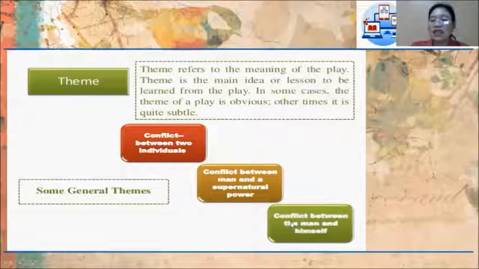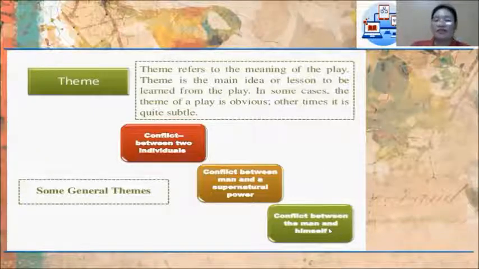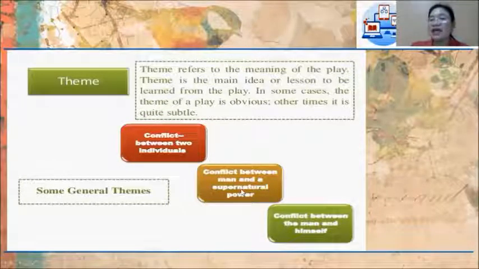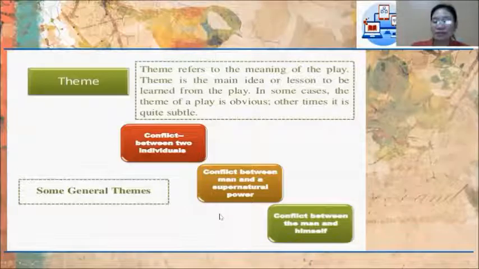So it is the conflict between man and himself, man against himself. So we have conflict between man against man, we have conflict between man against nature, and we have conflict between man against himself for the theme.